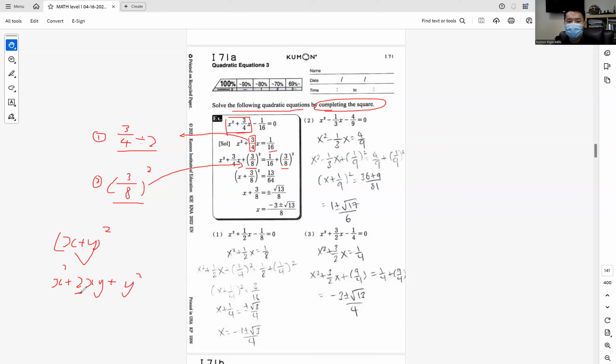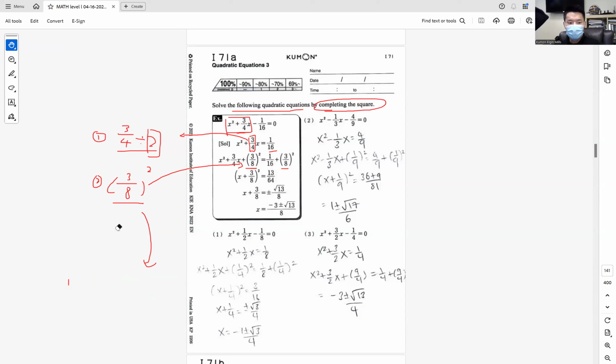And this 2 is actually the 2 that I divided by. And this number to the power of 2 is the y squared that I added. So if I'm creating a square from nothing, I need to subtract it back. I'm assuming that we do not have this yet. Okay, anyway.